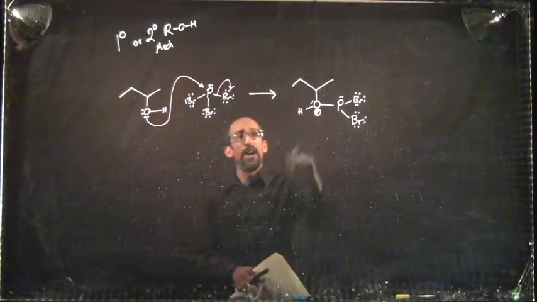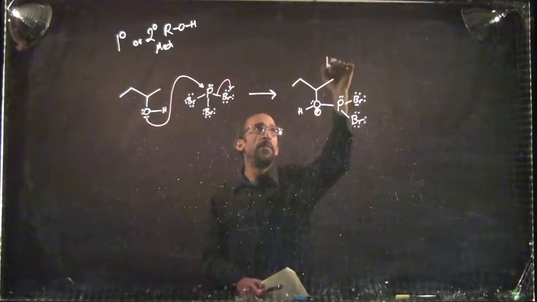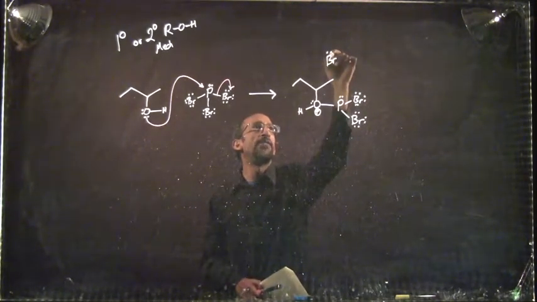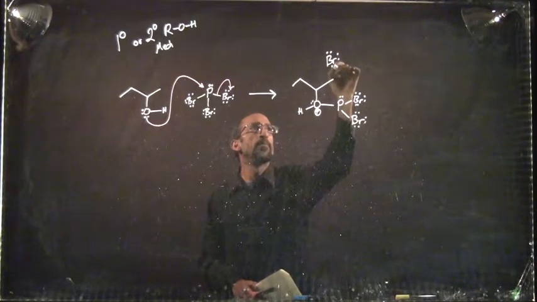We now have this positive charge, so we have to have something to balance it. That's that bromide that fell off of PBr3.